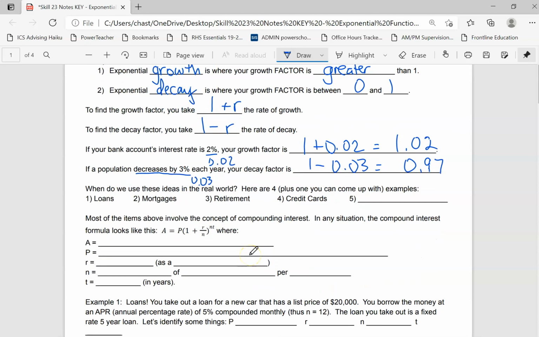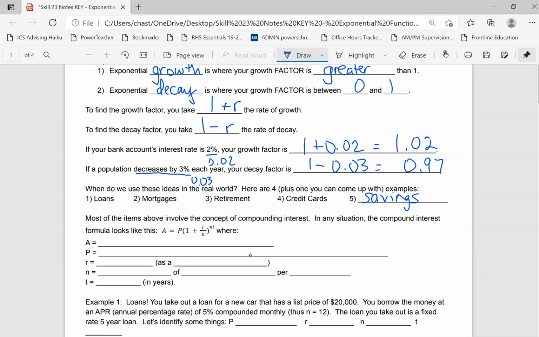Some real life applications of using these: anytime you take out a loan, anytime you do any kind of savings. So savings accounts, credit cards, retirement accounts, which is really just a version of a savings account. Also mortgages, which are the things that you use to buy homes. In the past, we've talked about mortgage payments, but we're not going to get that far into it this year.